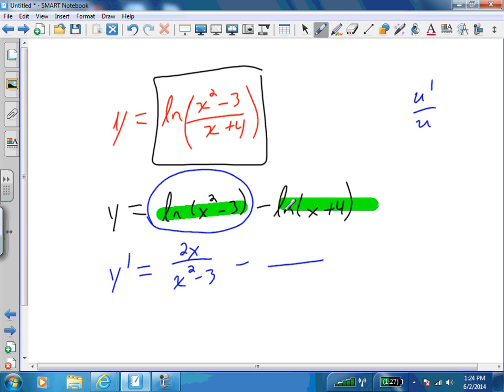Minus, when we take the derivative of this is our u, so that goes on bottom. What's the derivative of this? 1. That goes on top. So that's our derivative. Of course, you could combine fractions there by getting a common denominator. But that is the derivative.